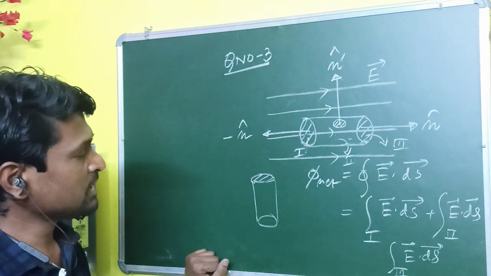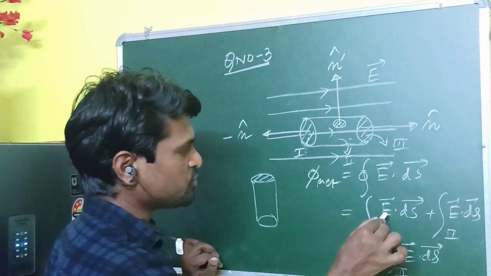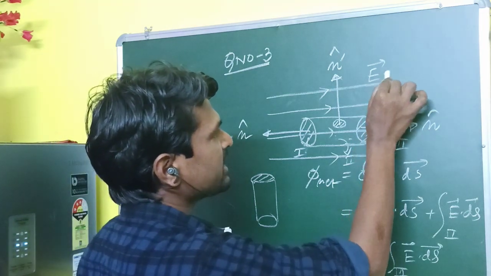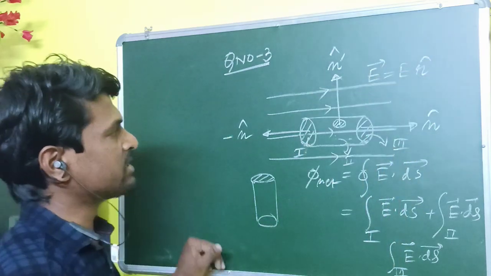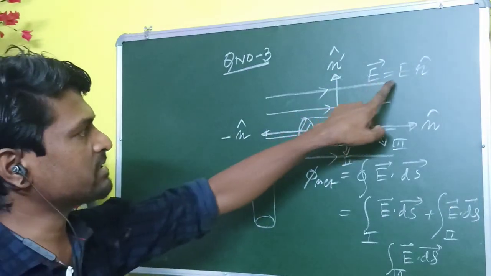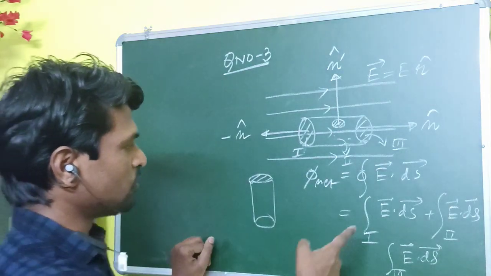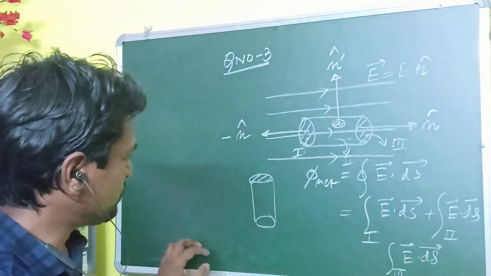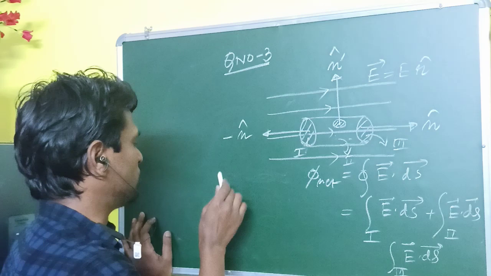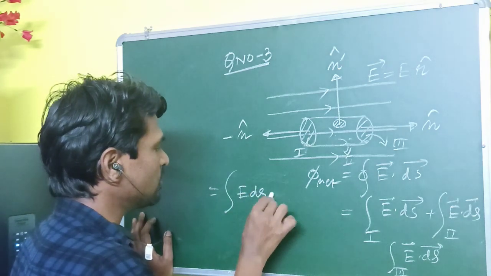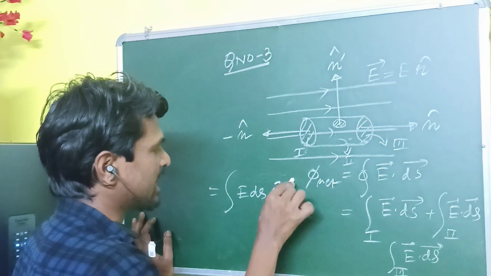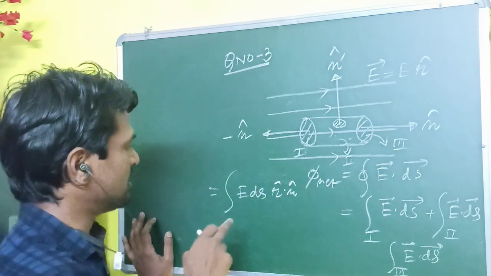So for the contribution of flux, you have to think of the direction of the electric field. So this is the electric field. If we take a unit vector along that direction, then the E vector equals E into r cap. So for the first integral, it is E ds into r cap dot n cap.